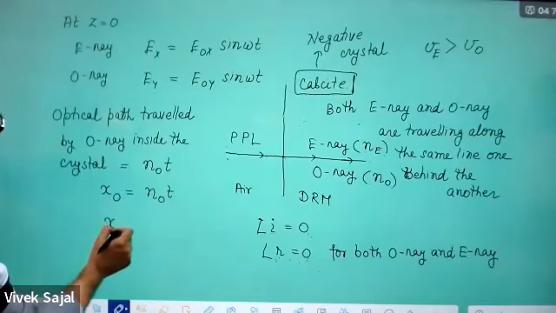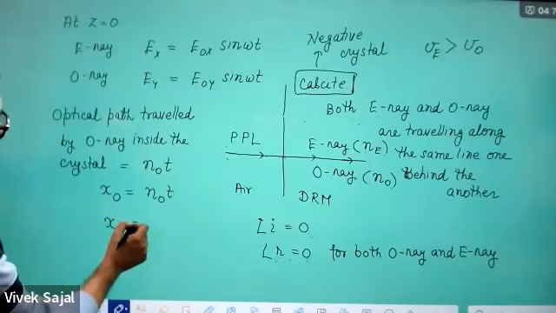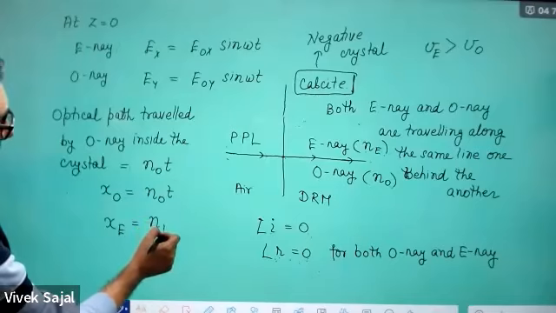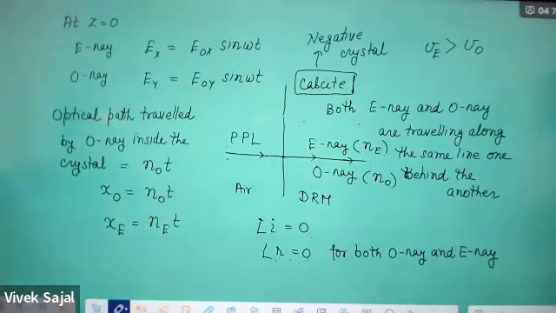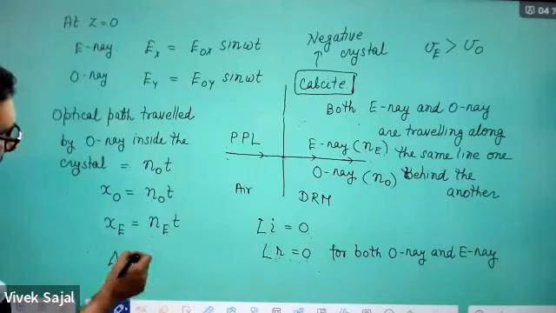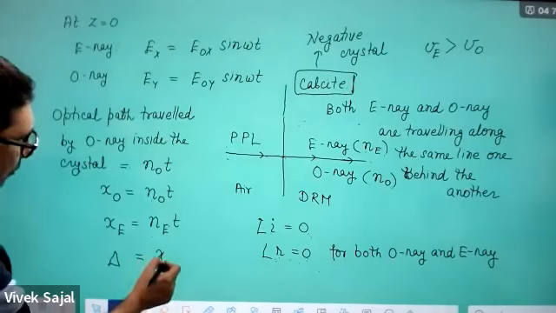By extraordinary light, how much optical path is traveled? That will be Ne into T. ठीक है? This is the optical path. So what is the path difference between them? You can say delta, the path difference, will be the difference between these two.